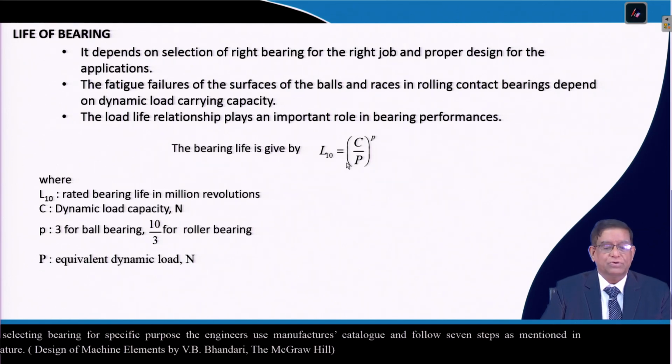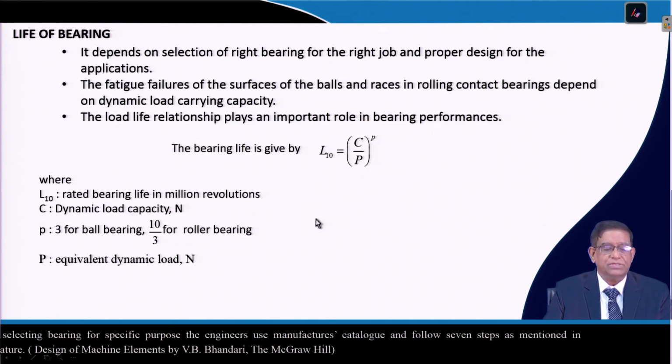The life of a bearing is normally given in million revolutions, that is, how many revolutions the bearing makes throughout its life. The life of the bearing is affected by the dynamic load capacity, and it is different for the ball bearing and the roller bearing.